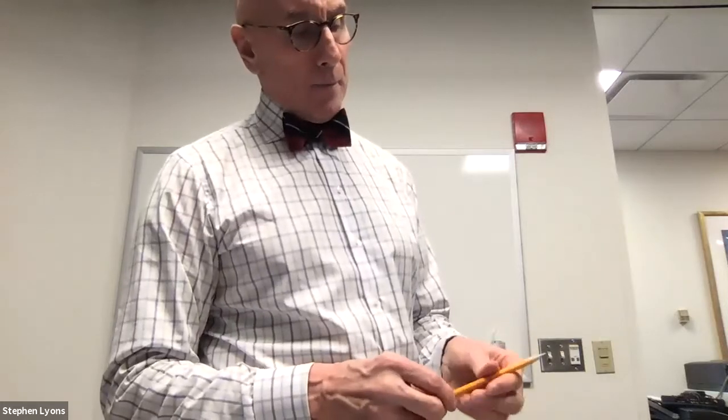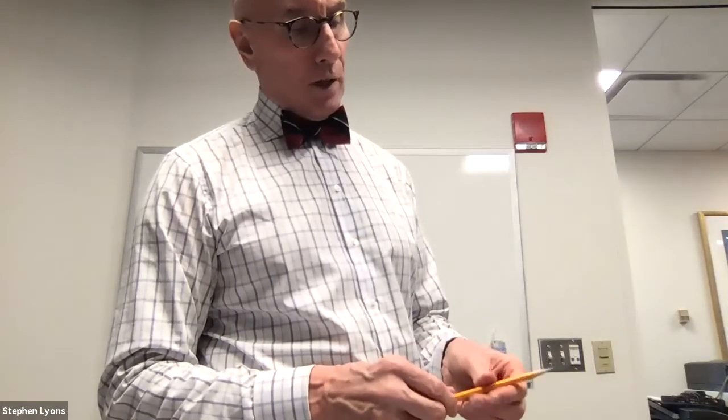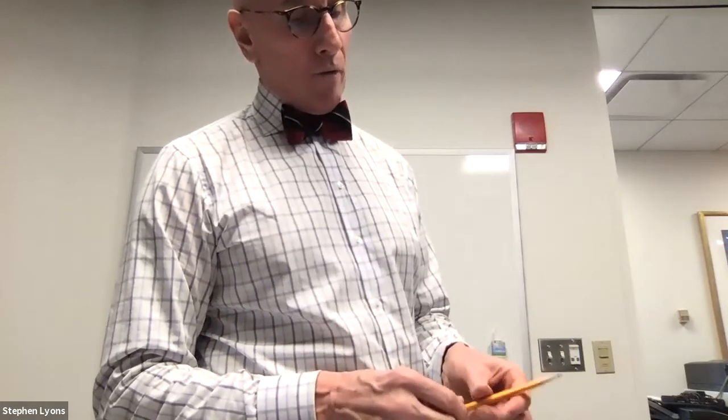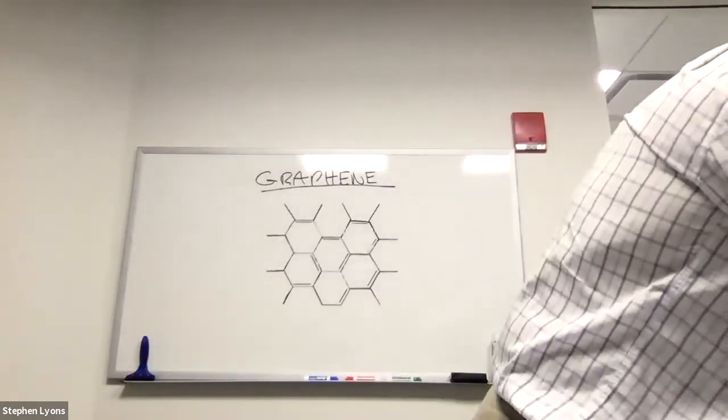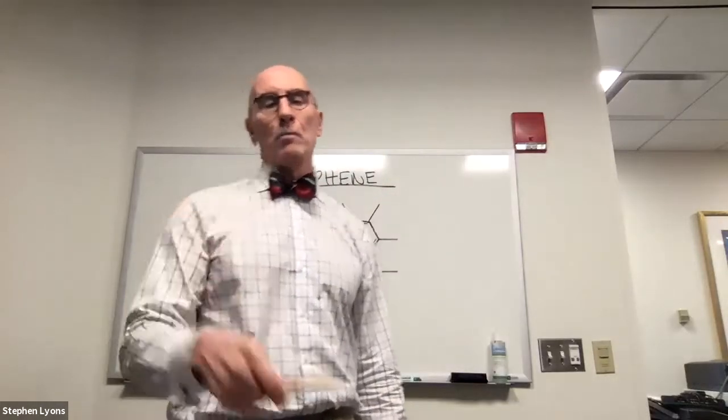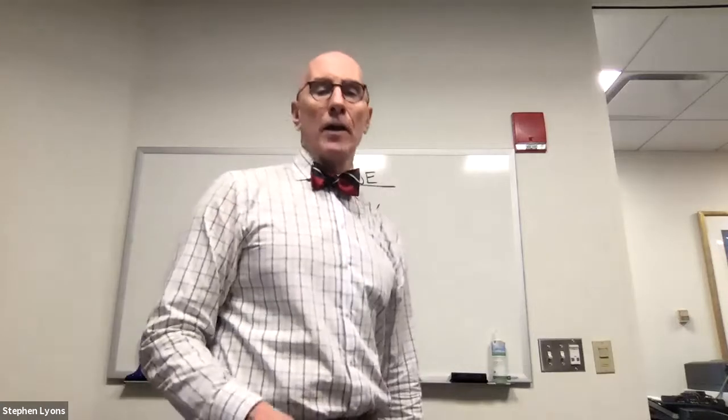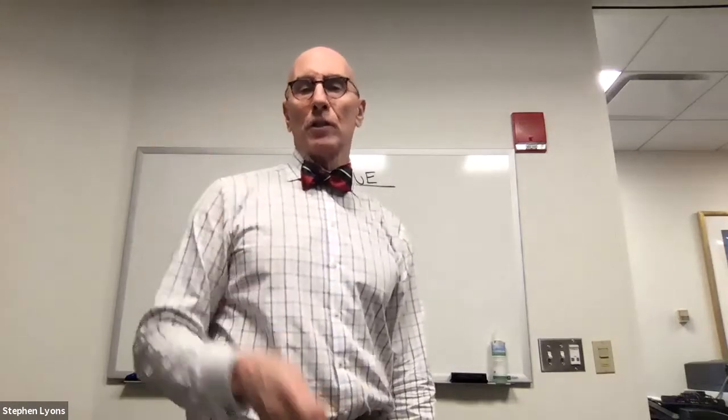And the way these folks, Geim and Novoselov, isolated graphene, anybody know how they did it? You material science students, you must have some ideas. How would you isolate a one atom thick layer of graphene if all you had was a pencil, or let's say a block of graphite? Well, you do what they did.